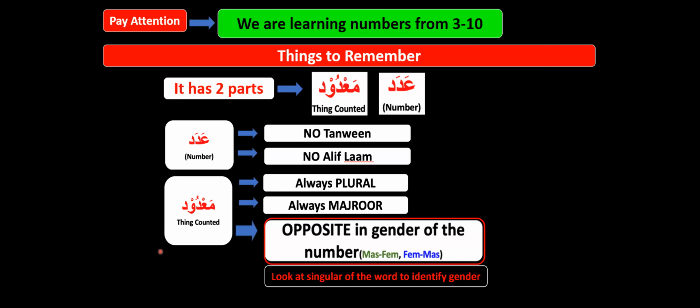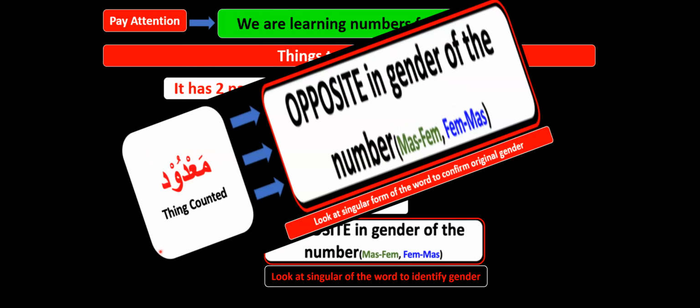I hope you remember that. And a very important point: when deciding the gender of what you are counting, you will not look at the plural. You will look at the singular of what you are counting in order to determine the gender, so you can choose the opposite gender for the number. I hope you all are familiar with that.